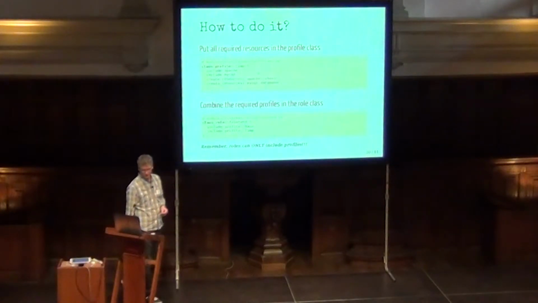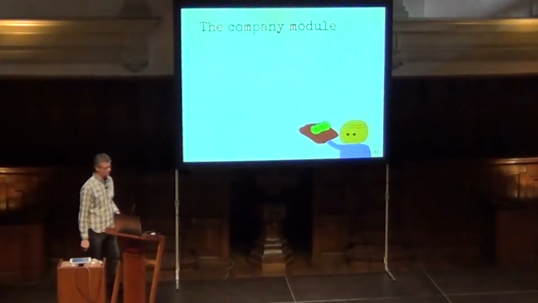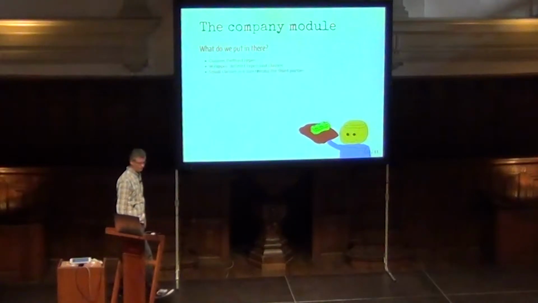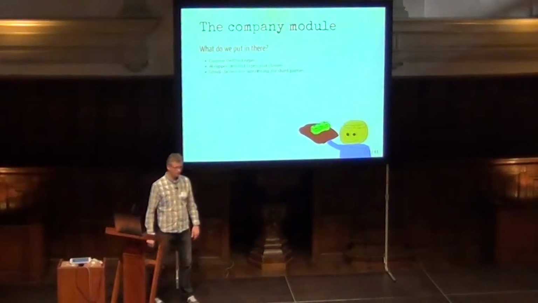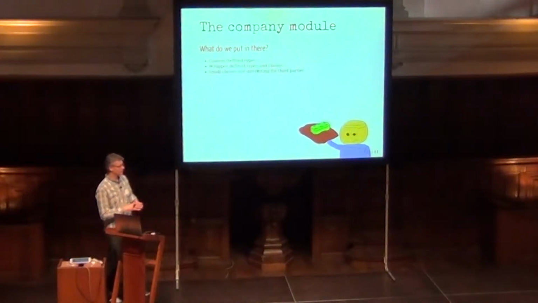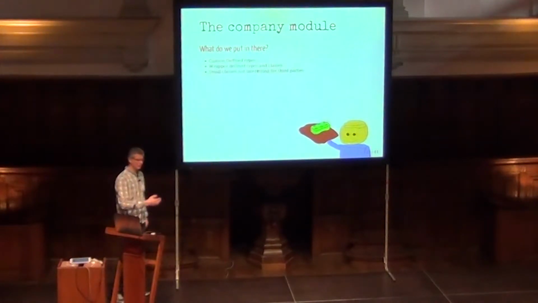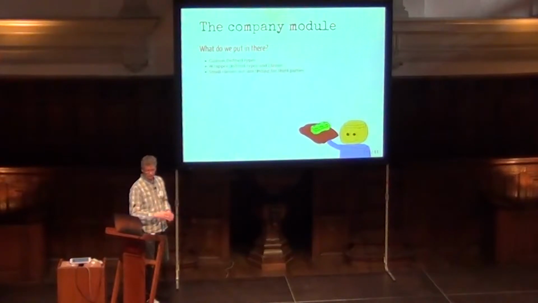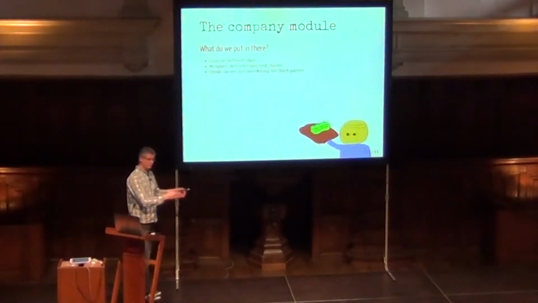Okay, so then there's the company-specific module. What do we put in there? You can put some custom defined types in there. For instance, I've got some examples later on. It's for my other company, Altiplan, and we are running a Django application.